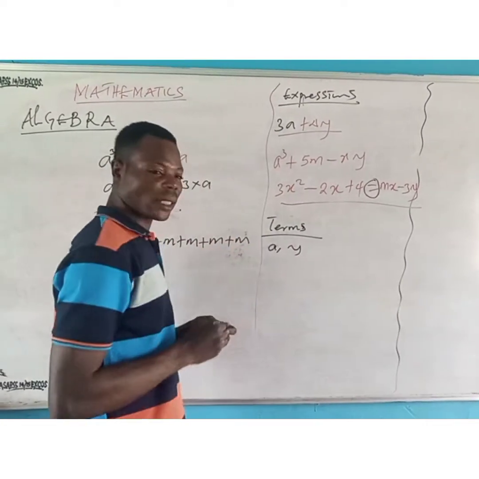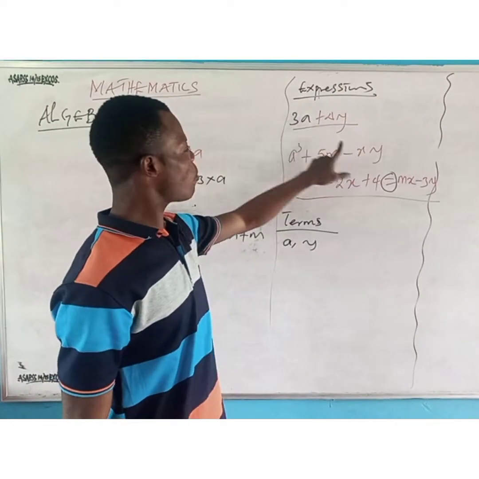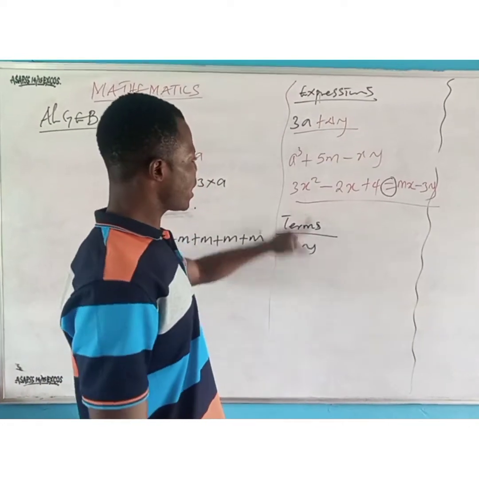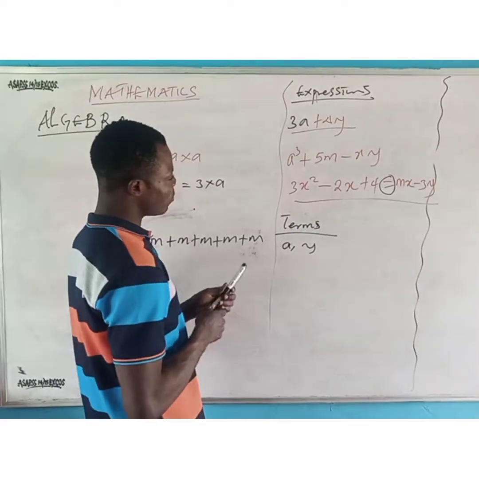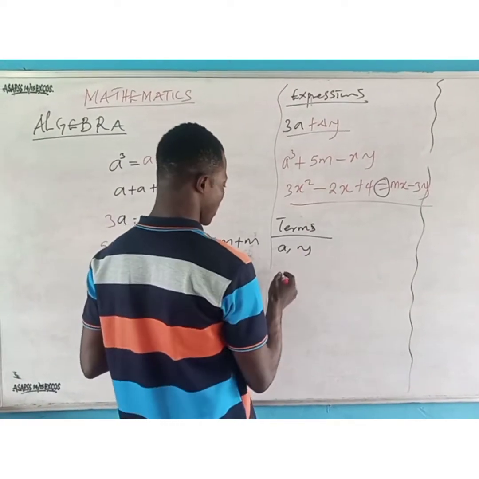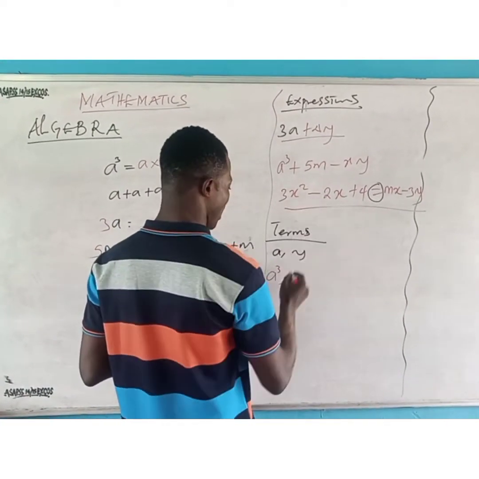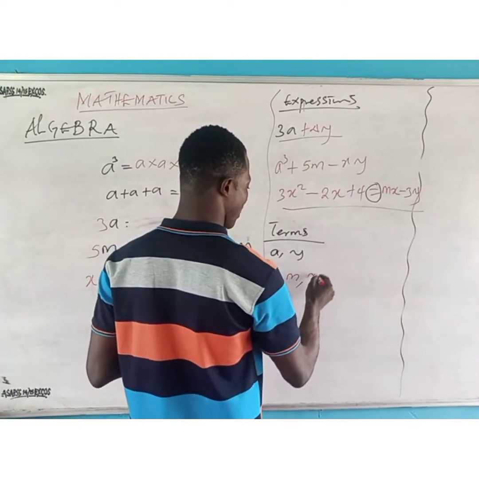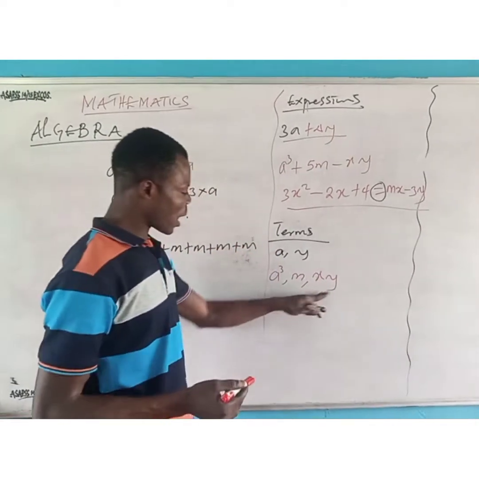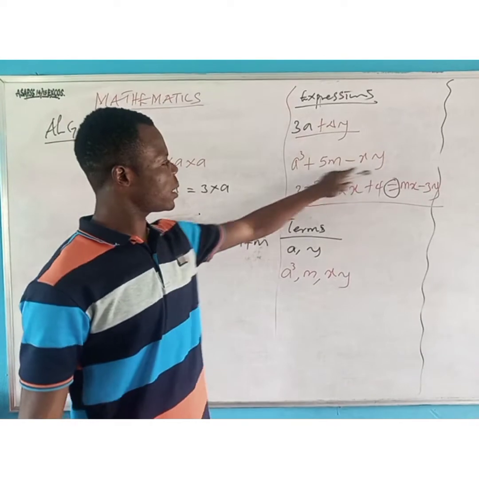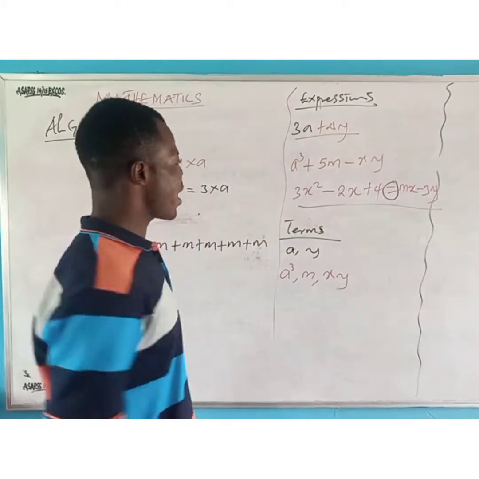That is, we have term a and we also have term y. In this second one, the terms are a cubed, m, and xy. These are the terms present in this second algebraic expression.